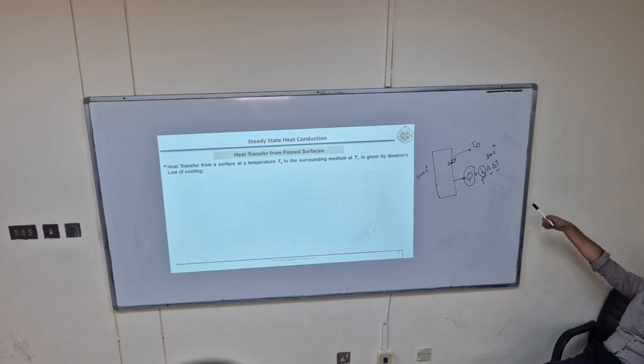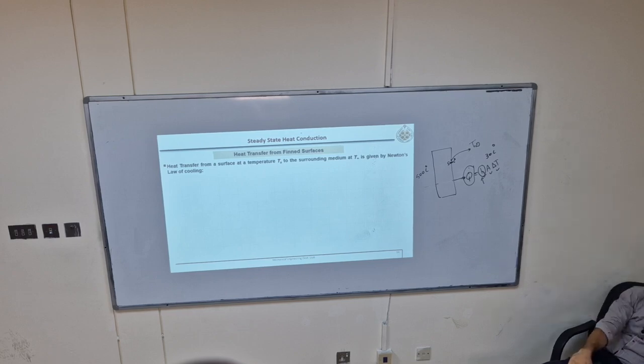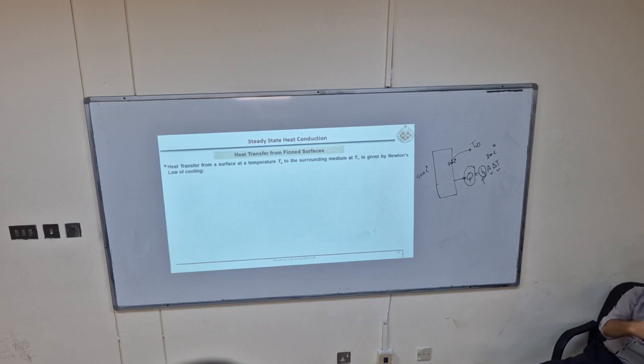If you want to keep on increasing this H, you have to keep on increasing the velocity of air, and so it means a high power fan. Now a high power fan means you are consuming more energy, right? Or it will be more noisy also. If you use a very high power fan in this air conditioner, it may become very noisy.